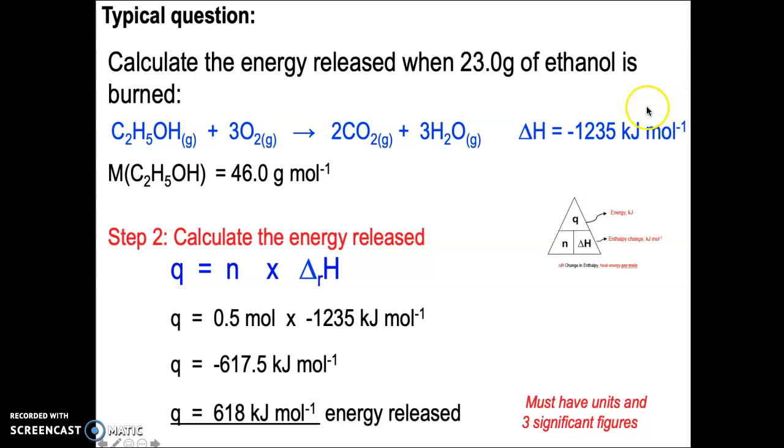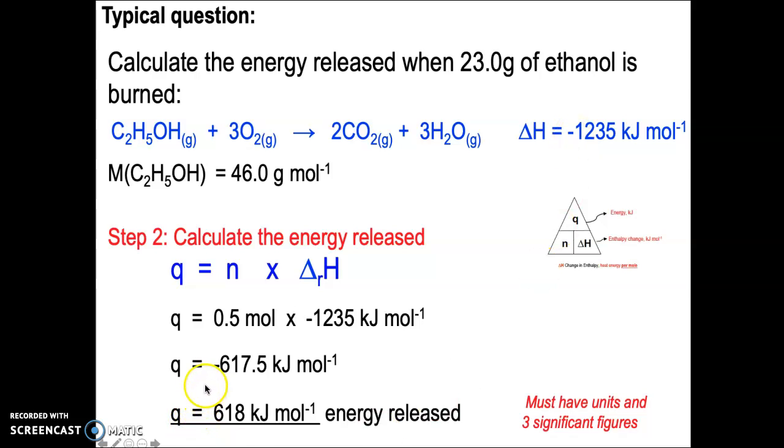And so this energy is for 1 mole of ethanol, which is why we can just go straight in and use that value. We don't have to manipulate it at all. So in the calculator, 0.5 times negative 1235 kilojoules per mole. Remember, the negative here is telling us that it is an exothermic reaction.